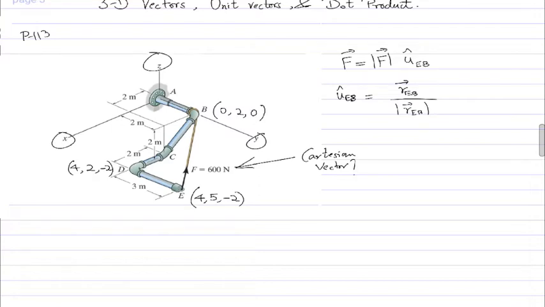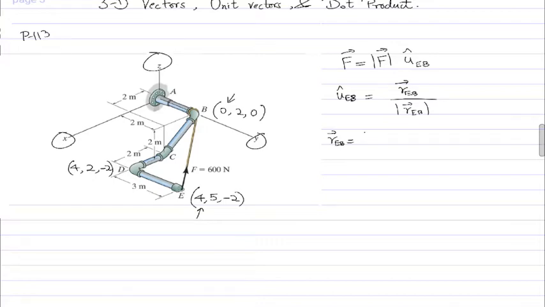And I'm just going to erase this. REB essentially is the second coordinate minus the first coordinate, times the unit vector in that direction, right? So for x, we subtract the coordinate of B, which is 0, minus the coordinate of E, which is 4.